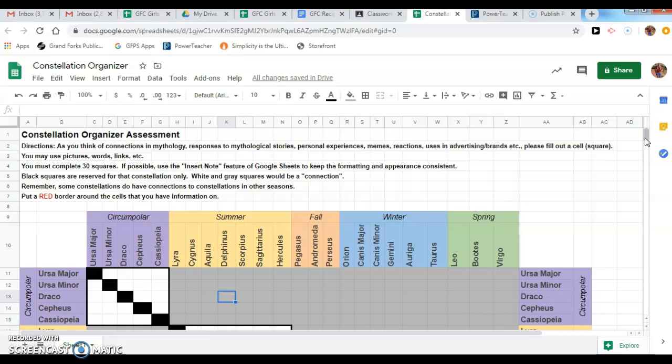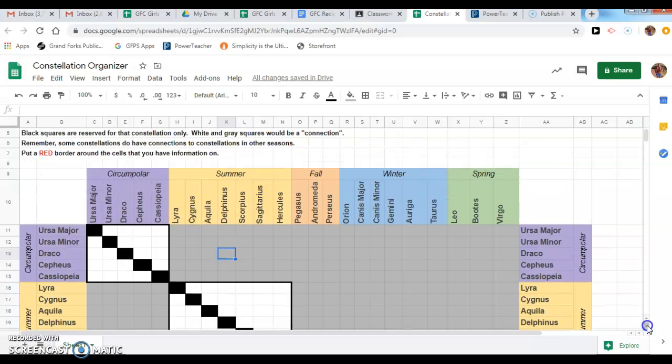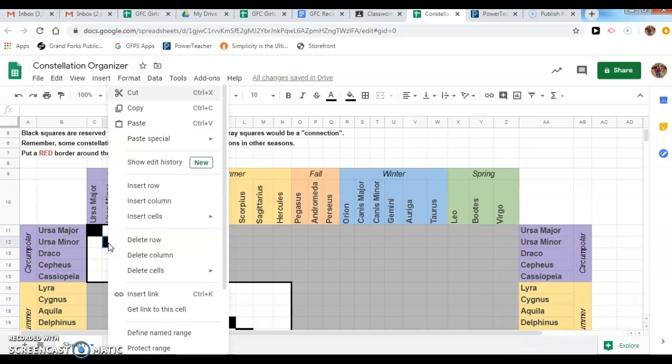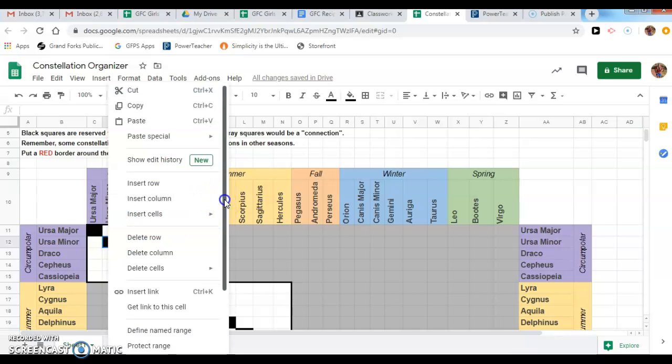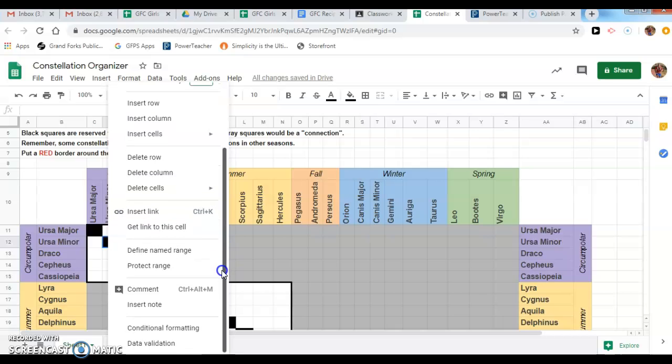So let me just show you one example you could do. So let's just say, for simplicity reasons, that you never knew how to find Ursa Minor, the Little Dipper. Click on that box, right? Because that's only Ursa Minor. Right click and go to Insert Note.